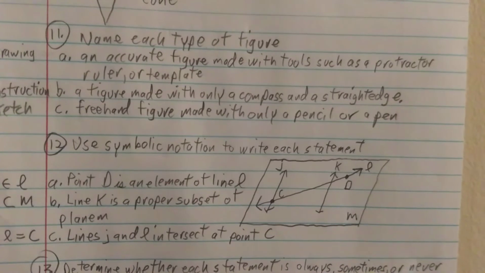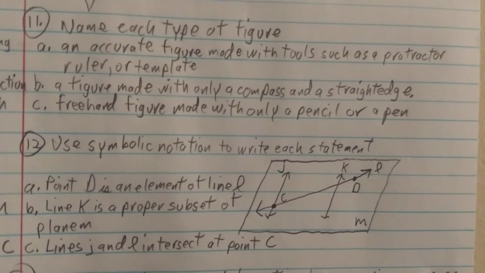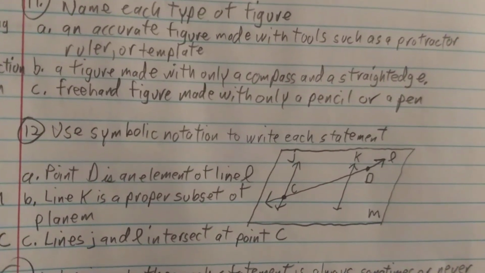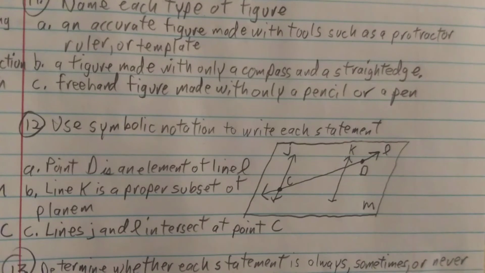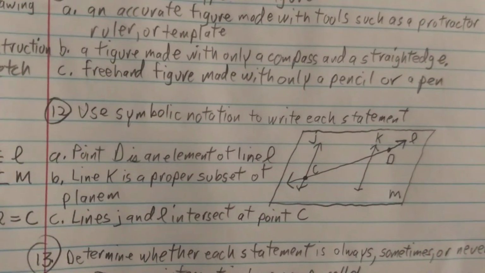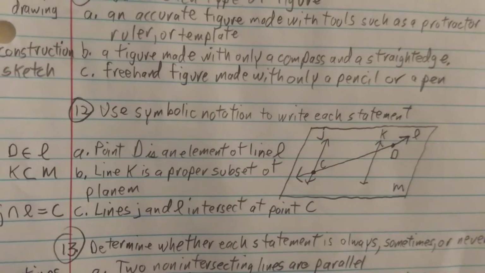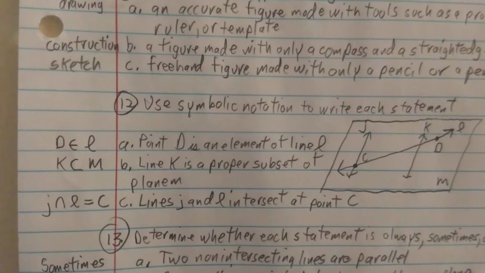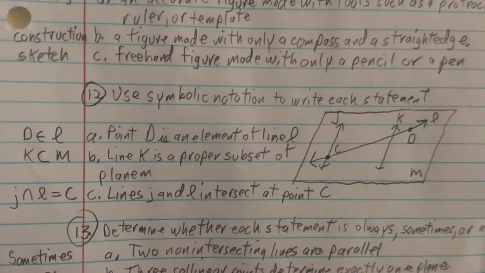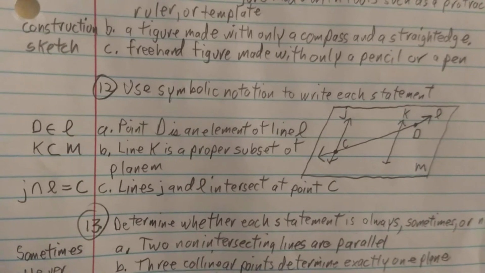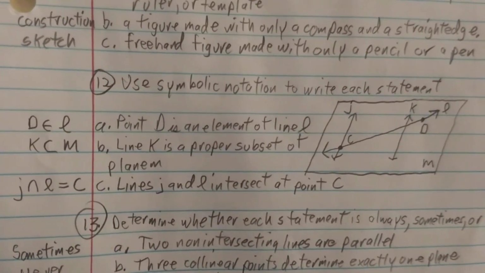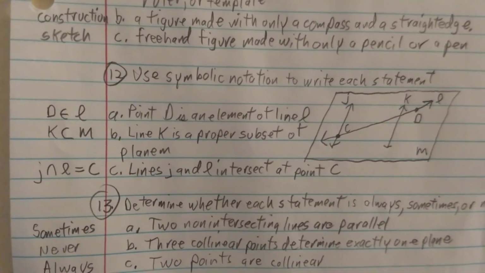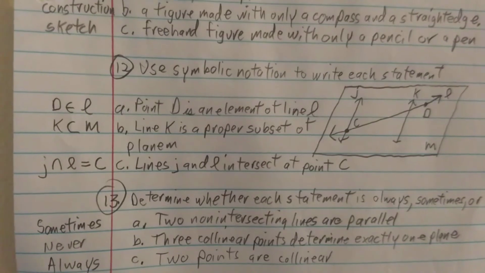So we have a line J, a line K, a line L running through both of them with point C at the intersection of J and L and D, and then the whole plane M. So if we ask to do point D as an element of line L, then we just write D, the element symbol, and then L. And if we're to do line K as a proper subset of plane M, we do K with the subset symbol with no equal under it, and then M. And lines J and L intersect at point C as J intersect L equals C.